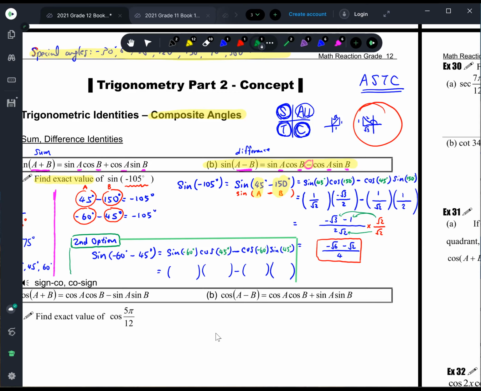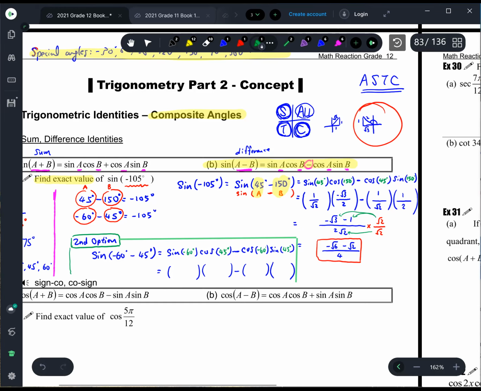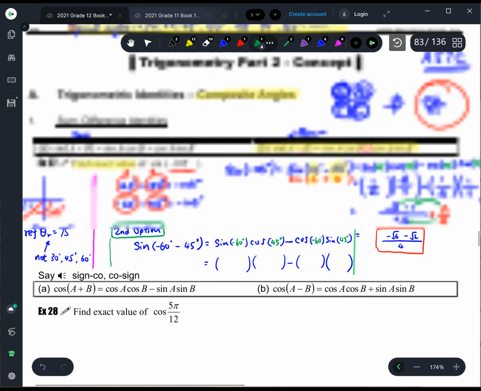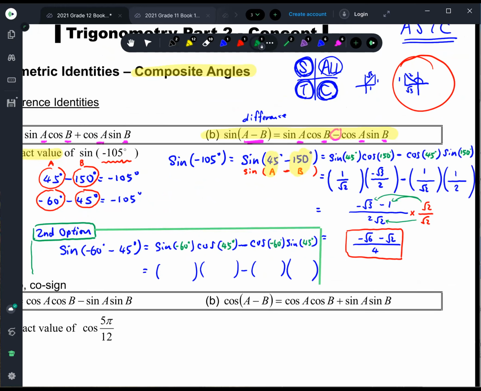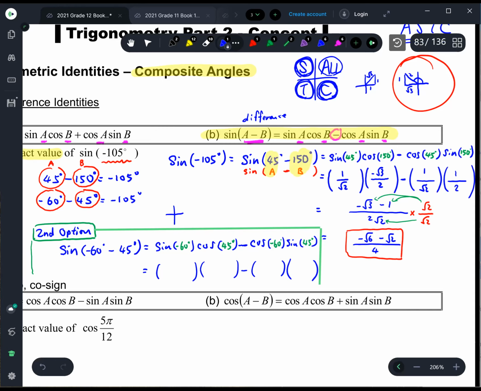When you draw it out, get the reference angle, side ratio, don't forget to check the sign. -60, you should turn to here, right?